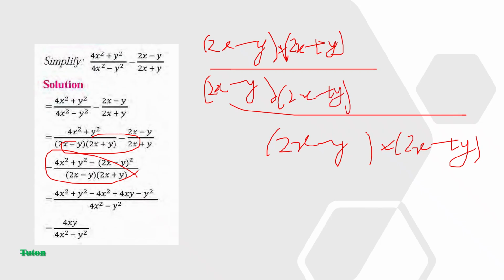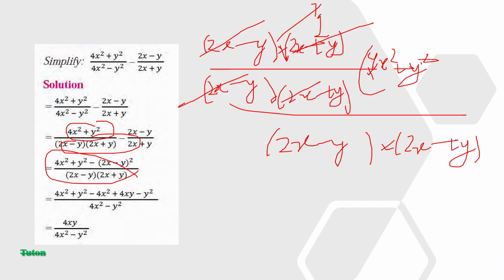As we all know, this will cancel, and it would be left with 1 multiplied by this numerator, 4x squared plus y squared. So as we all can see, we are left with this term only here. Now we have a negative sign in between them.